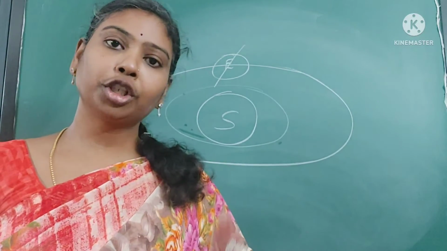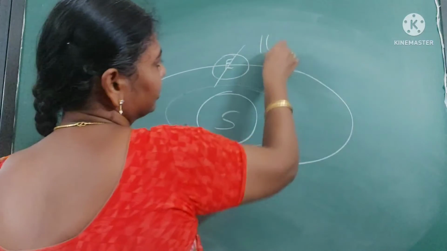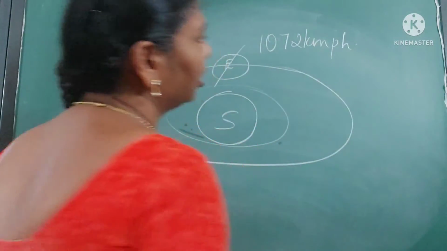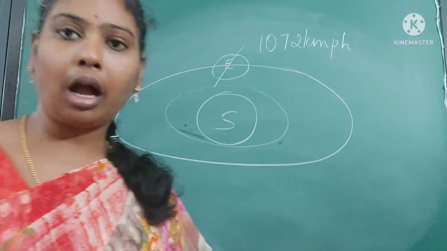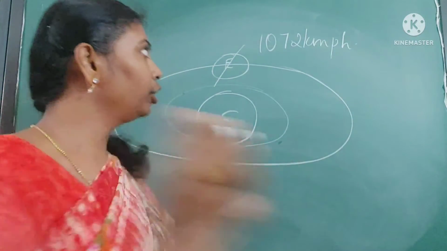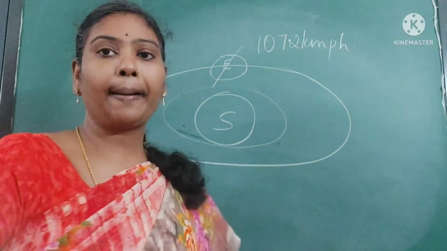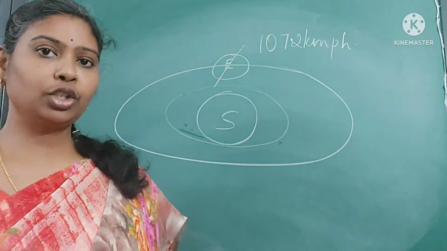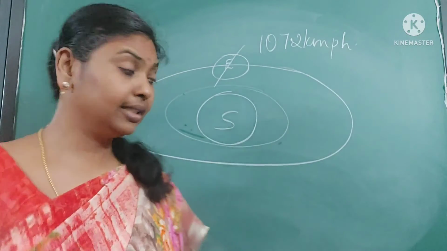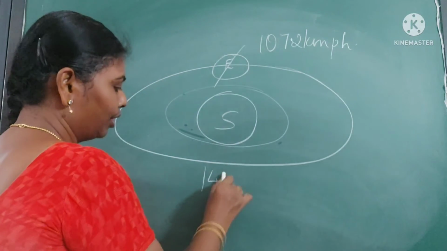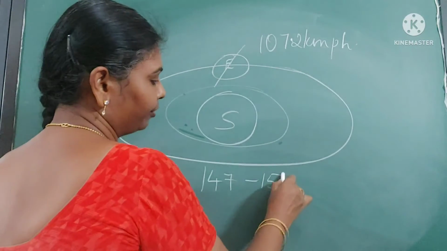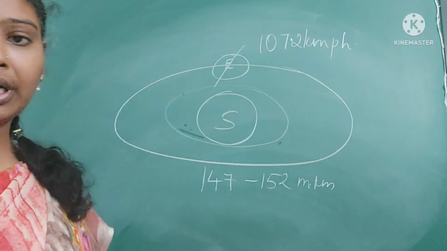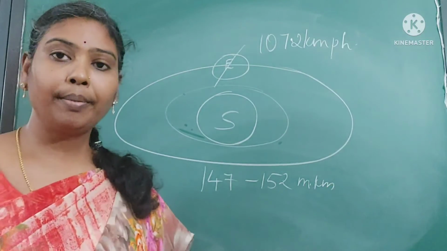The speed of revolution of the earth is 107.2 kilometer per hour. The distance of the sun from the earth is approximately 147 to 152 million kilometers.